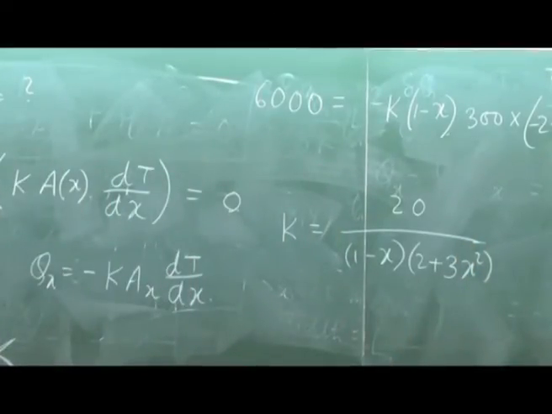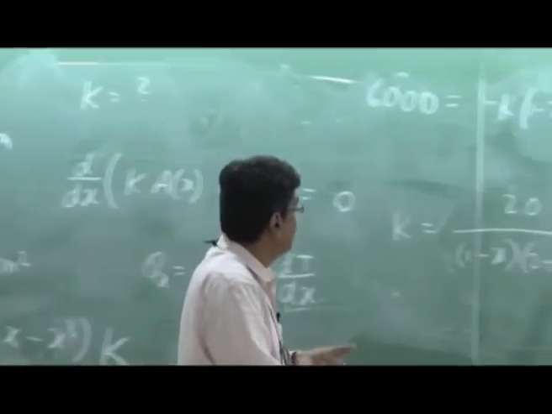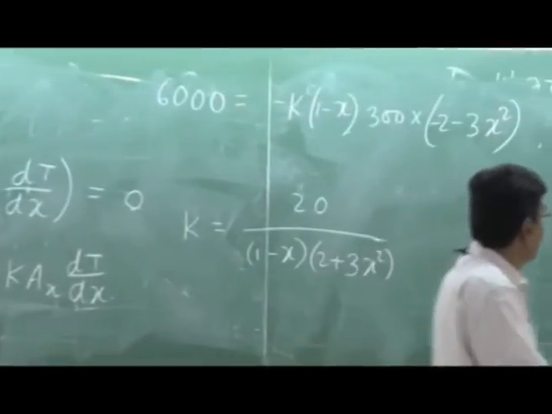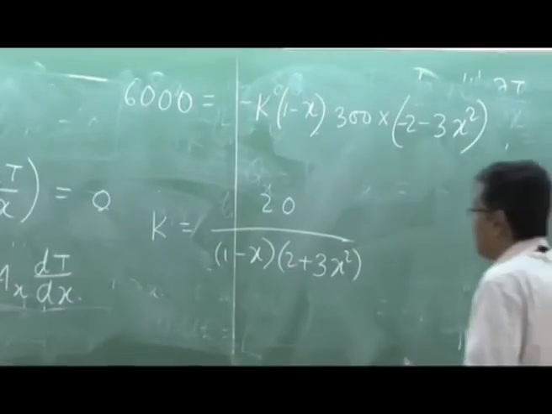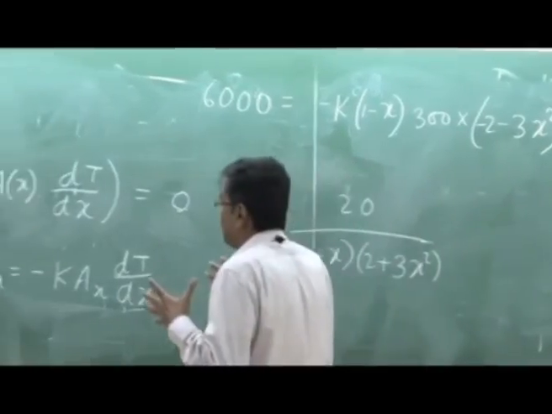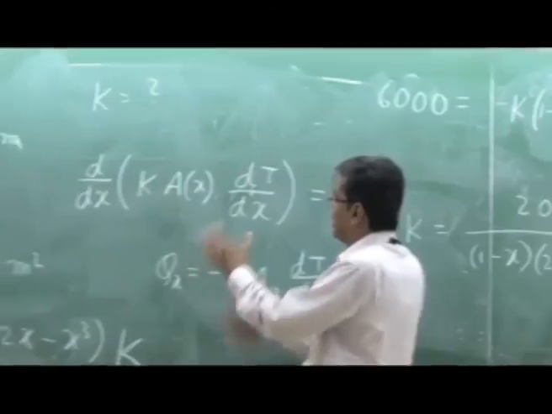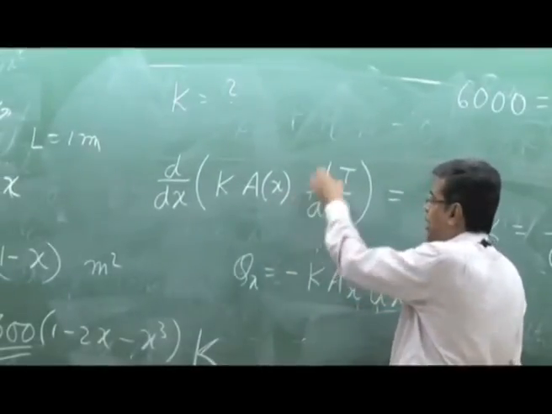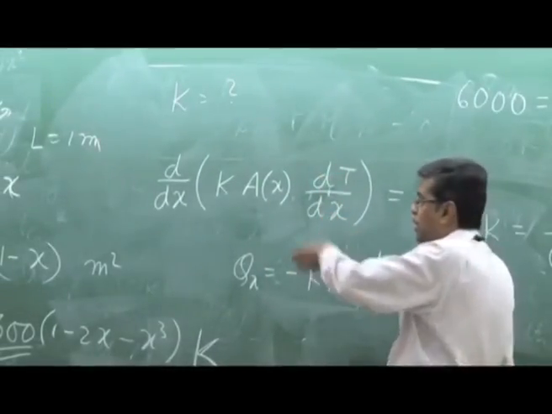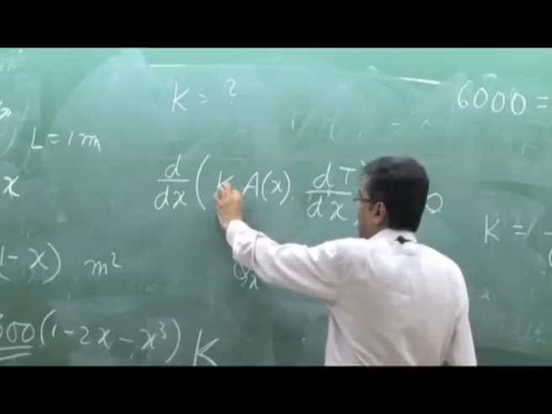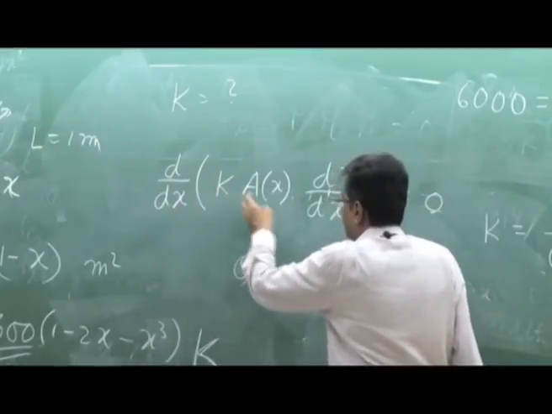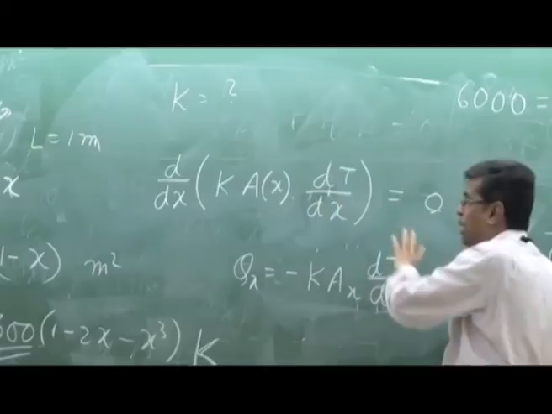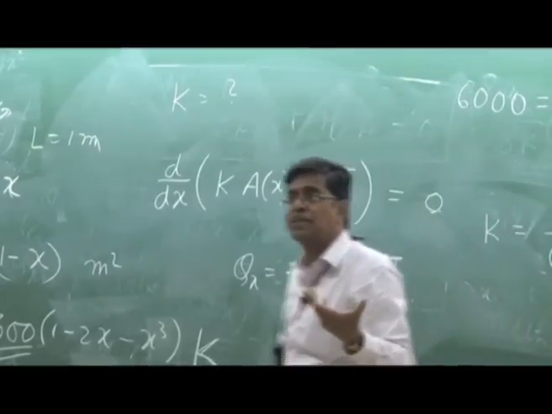So warming up with this problem, that if a variable area is there, how can I take care of this area variation? That means our starting point, we have to remember that without thermal energy generation, this is the equation, not d square T dx square equals 0. If thermal conductivity is constant, this comes here. So d/dx of A(x) dT/dx is 0. But here temperature distribution is given already.